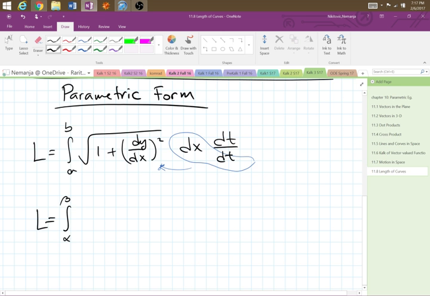We are going from x being the independent variable to t, which becomes the parameter. So I'm just going to change a and b into alpha and beta. And I'm going to have under the square root dx/dt squared times 1 plus dy/dx squared, and then we have dt on the outside.